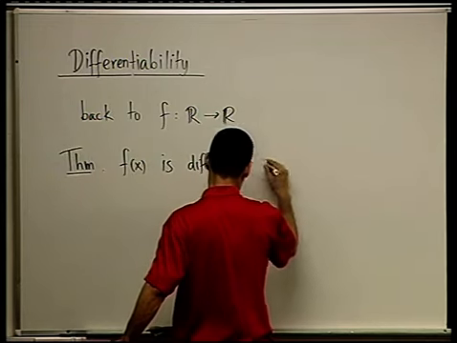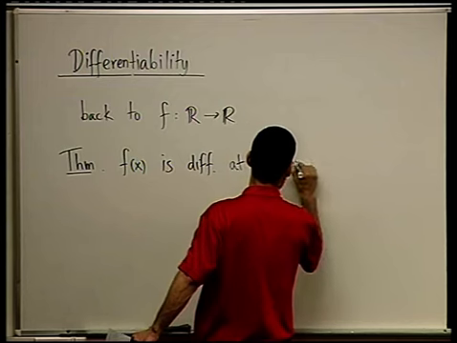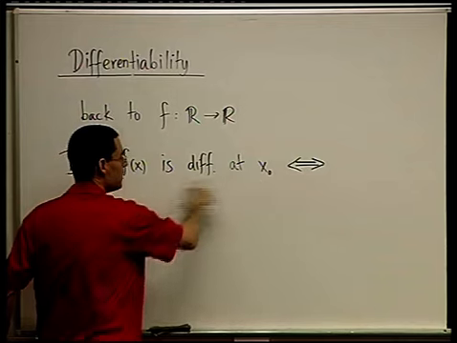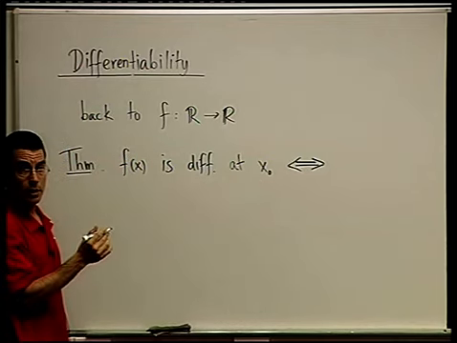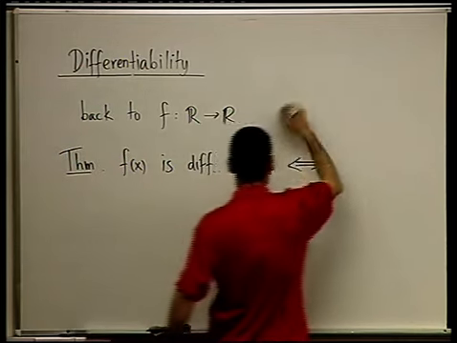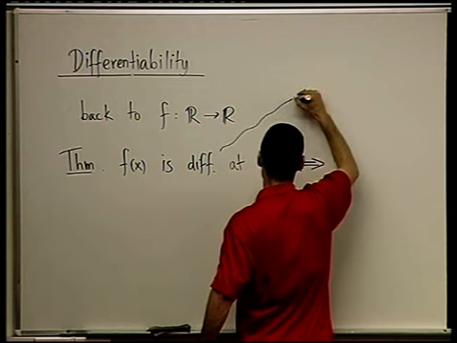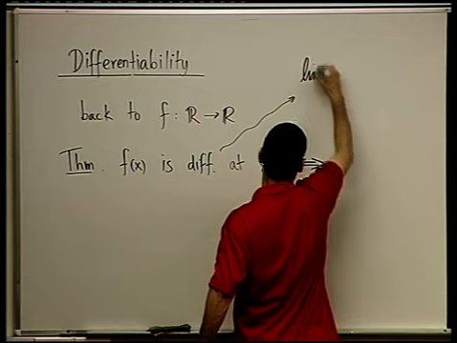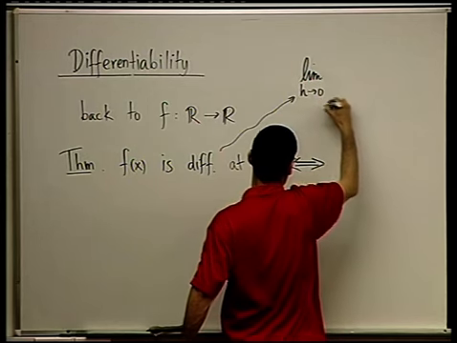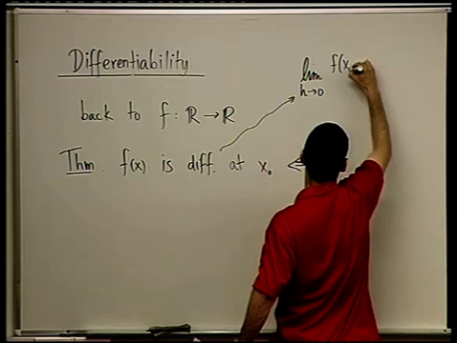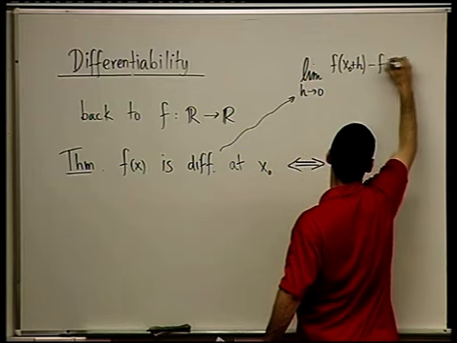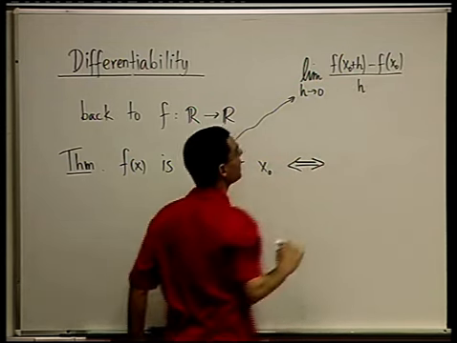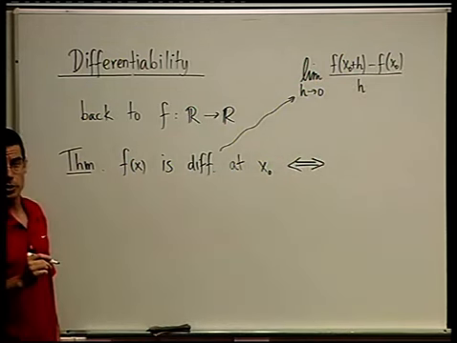At the point x0, if and only if... So first of all, what does it mean to be differentiable at a point x0? Let me remind you, a function is differentiable if the limit as h goes to 0 of f of x0 plus h minus f of x0, divided by h, exists. That's what it means to be differentiable.